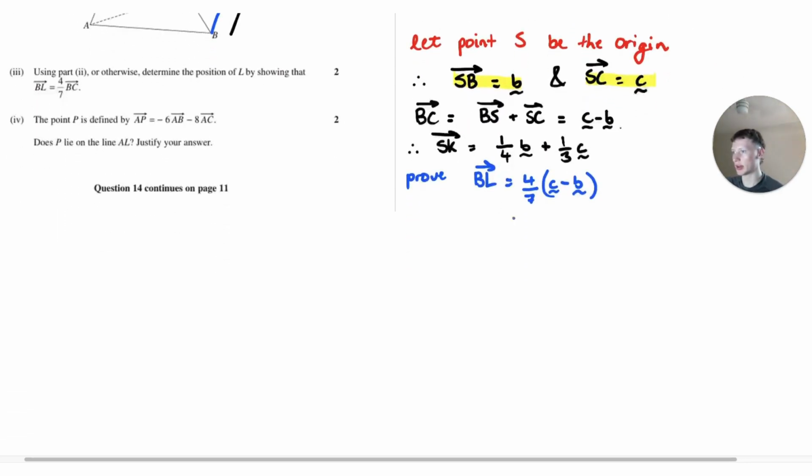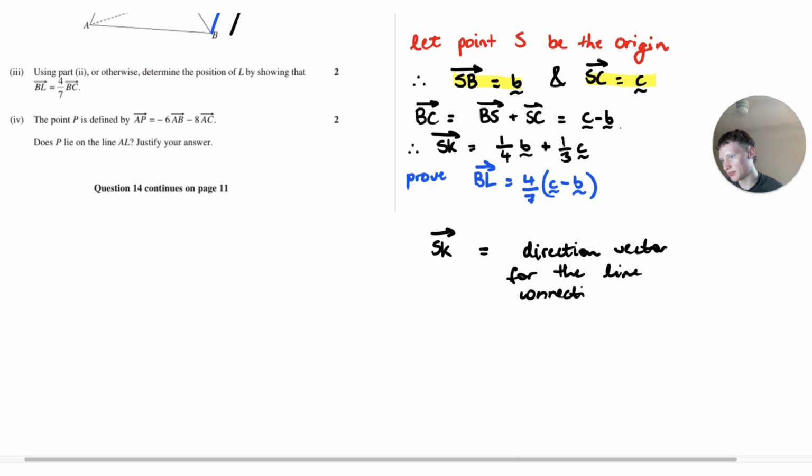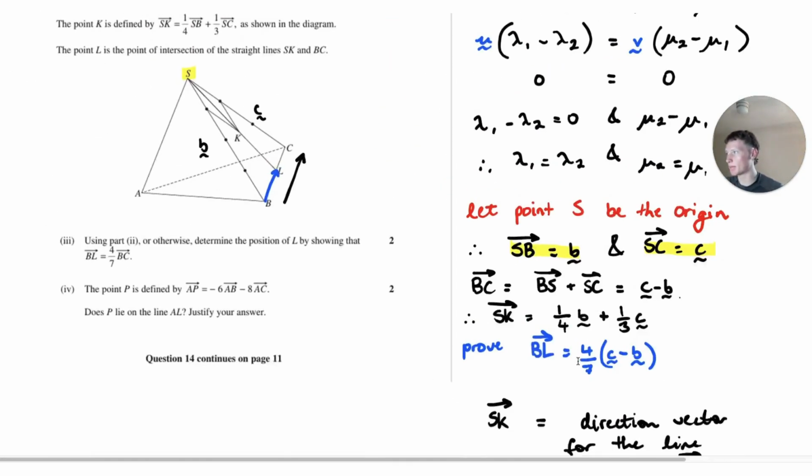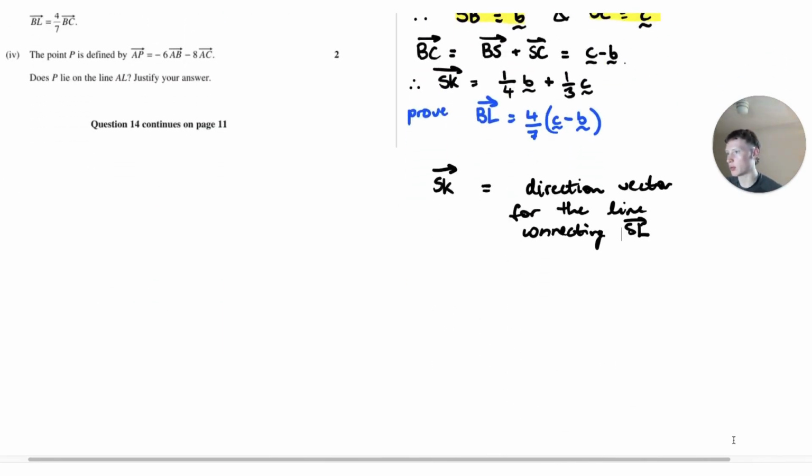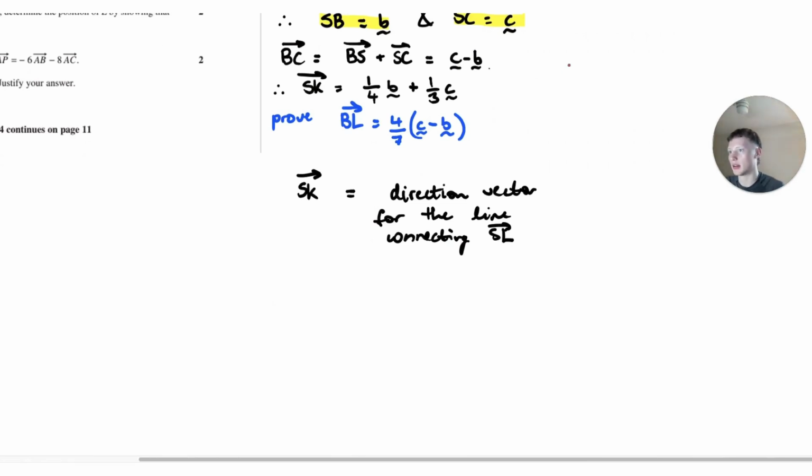So how I want to interpret SK is that S to K is the direction vector for the line connecting S and L. What that means is that we can convert SK to create the vector equation of a line that satisfies S to L. A vector equation of a line here is going to be obviously in the form R equals A plus KD.